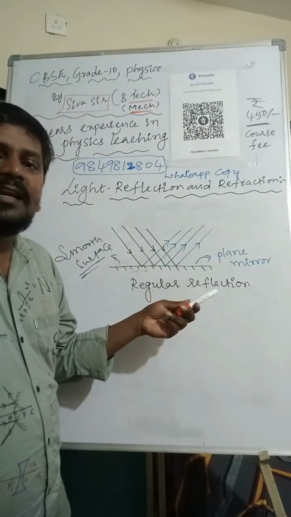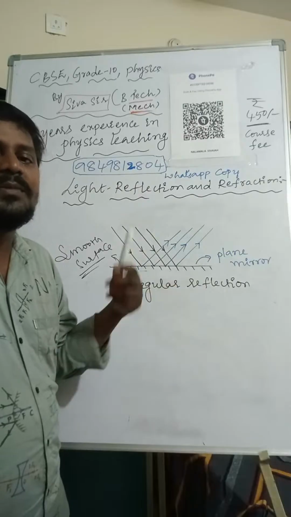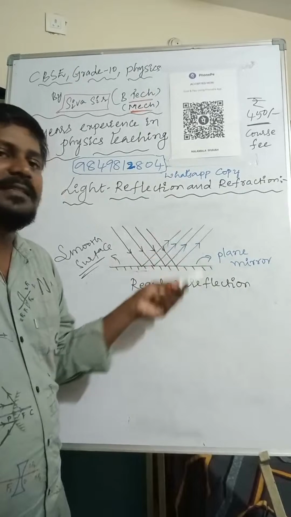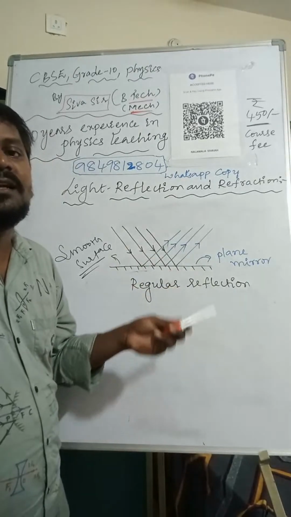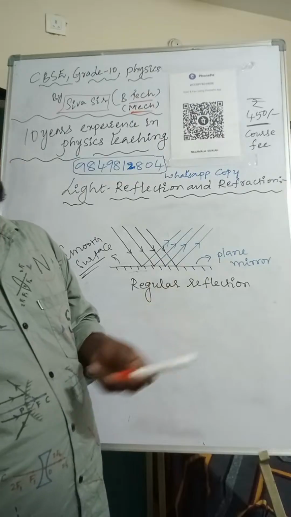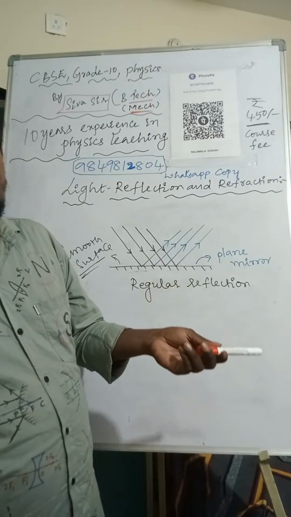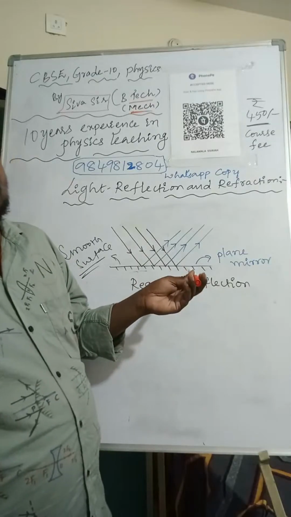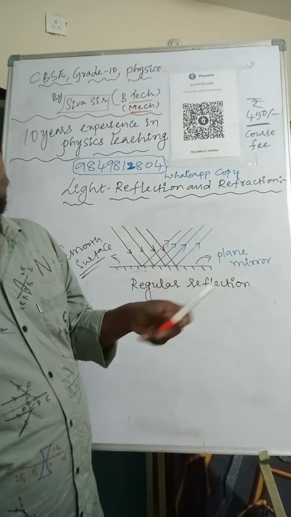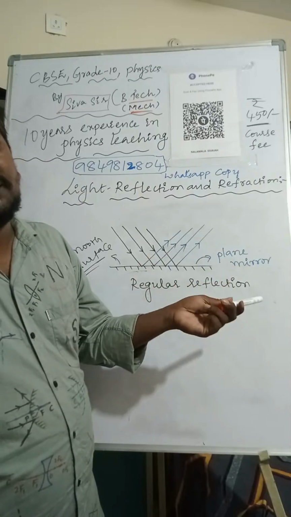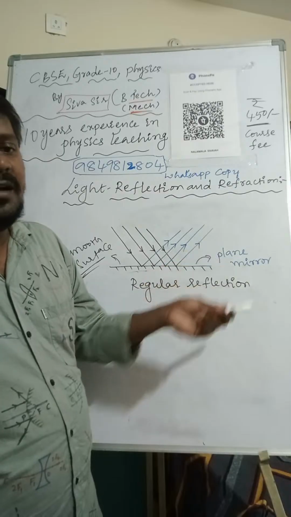If parallel light rays are incident on the surface, then the reflected light rays are also parallel to each other. This type of reflection is called regular reflection.